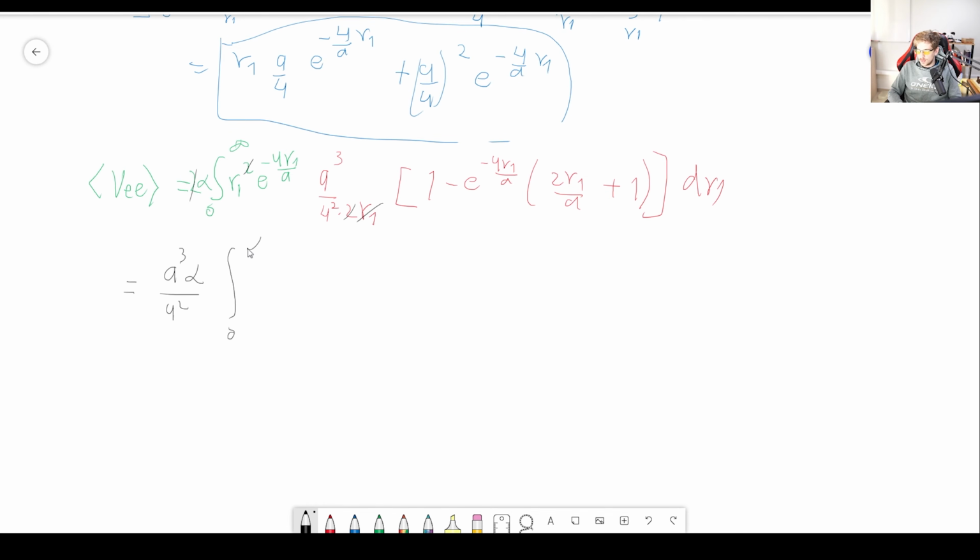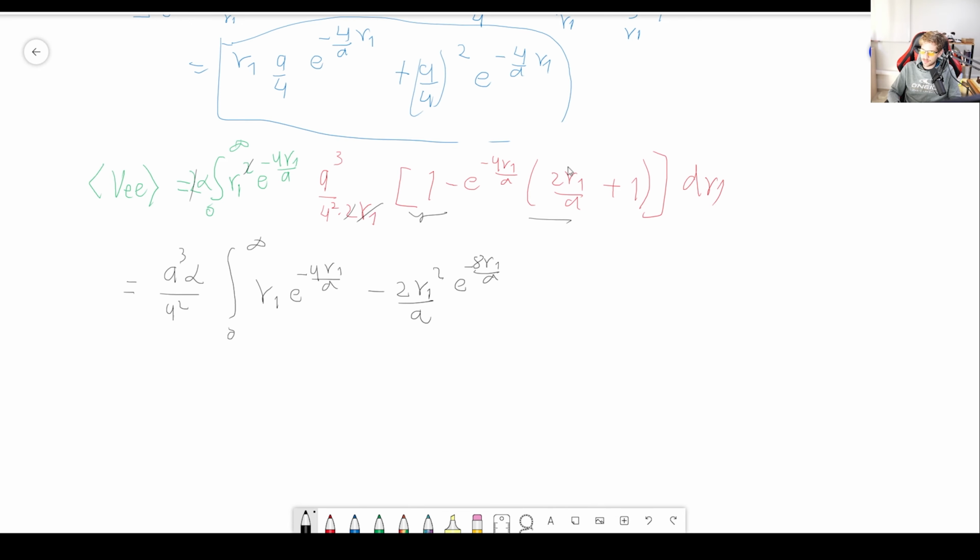And now let's multiply through by R1. And let's separate each one of these terms. So in the first term, we get R1 times e to the minus 4 R1 over A, right? This one. Then we get this part, which will be minus 2 R1 squared over A and e to the minus 8 R1 over A, right?